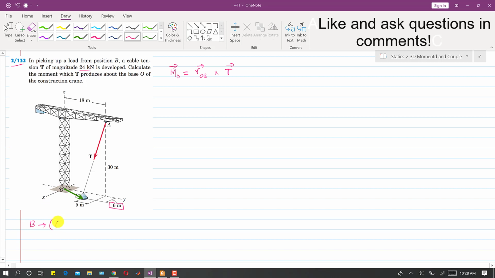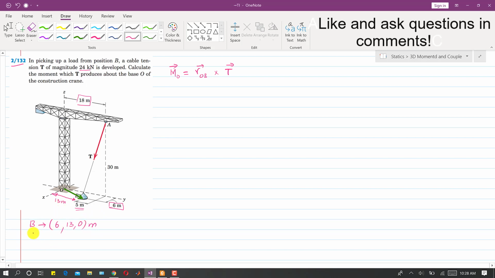So I will write 6. Then this total distance is 18 meters along y, and this distance is 5 meters. So we need to travel 18 minus 5, which is 13 meters along the y axis. Since this point B is in the xy plane, there is no need to travel along z, so this will be 0. So these are the coordinates of point B.